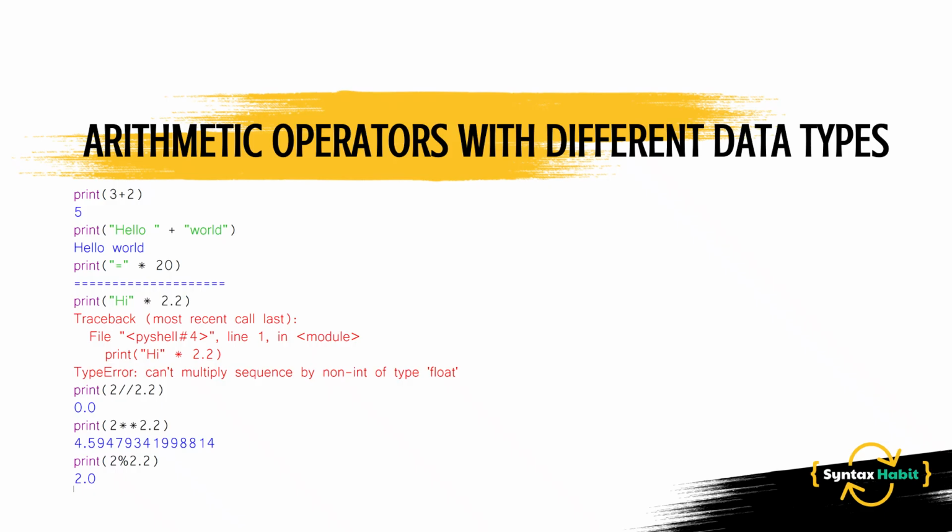In both cases, Python will return an error. Keep these behaviors in mind when writing your programs. Understanding how operators work with different data types will help you avoid common mistakes and produce reliable, error-free code.